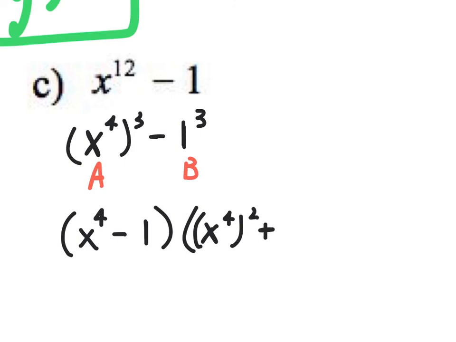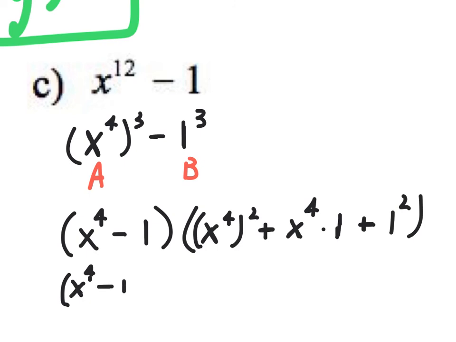Plus, opposite sign, x to the 4th times 1, and then plus 1 squared. Now let's simplify this a little bit. This is where it gets weird. I've got x to the 4th minus 1, times x to the 4th squared is going to give me x to the 8th, and then plus x to the 4th, and then plus 1.